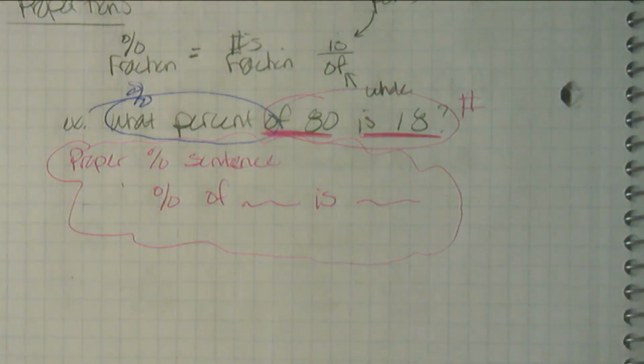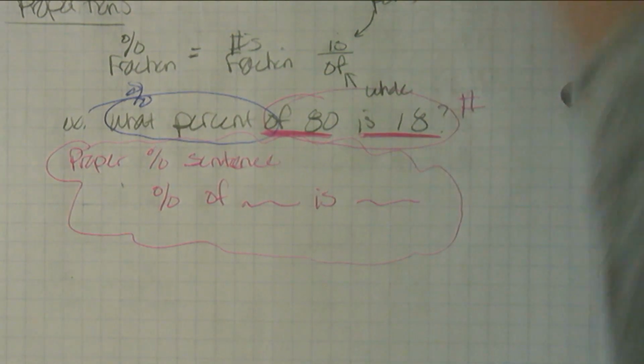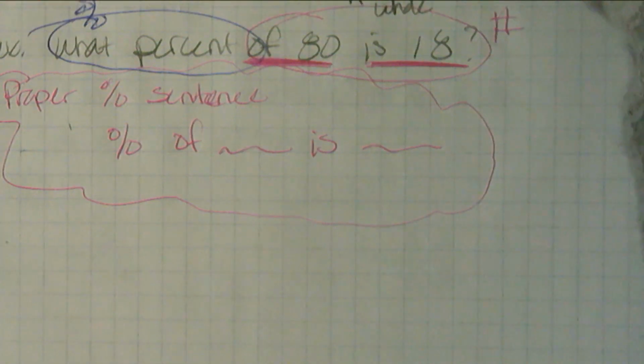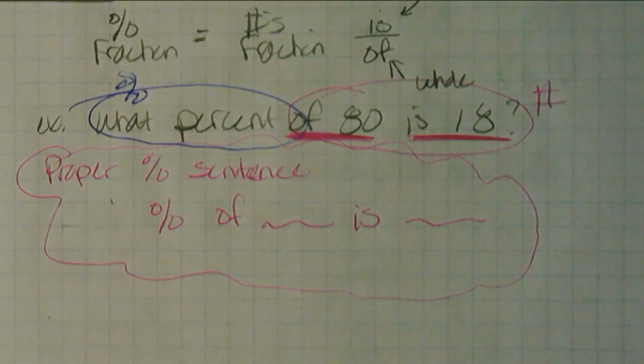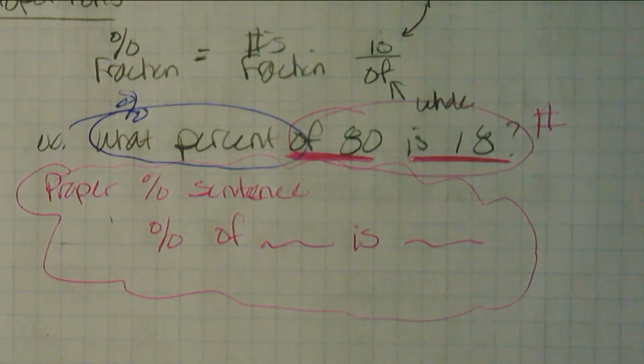All right, well here, yes. I'm going to show you right now what I'm doing. So let me get going on this, and then I'll answer that question, I promise. So if you guys notice, our percent is what is missing. Remember, we're setting up a proportion.